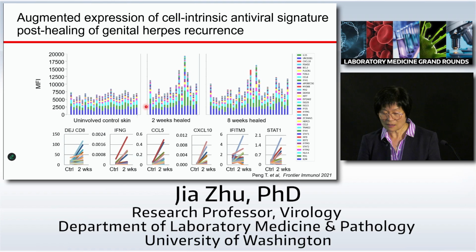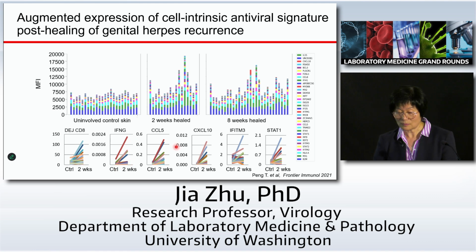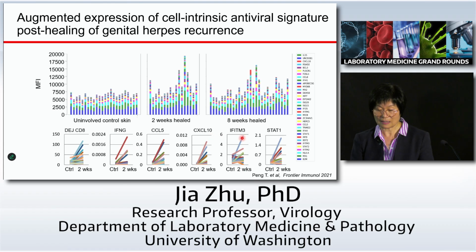But in post-healed tissues, we see elevated expression of these signature genes, and this associated very well with increased DEJ CD8 numbers and their interferon gamma expression. So we think this cell intrinsic antiviral signature could serve as a surrogate biomarker for immune protection at the skin barrier surface.